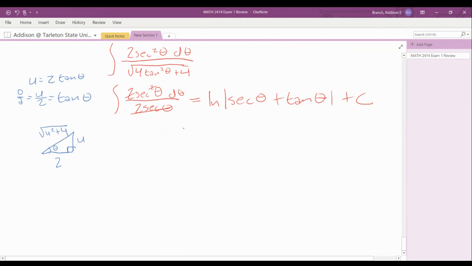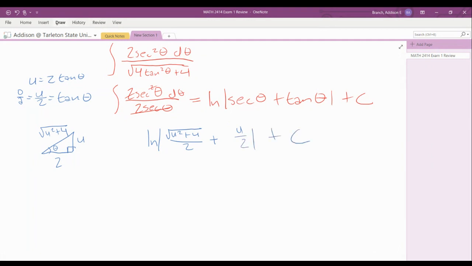So therefore, we are going to get natural log. Secant of theta is going to be hypotenuse over adjacent. So square root of u squared plus 4 over 2, plus tangent, which we already said was u over 2.